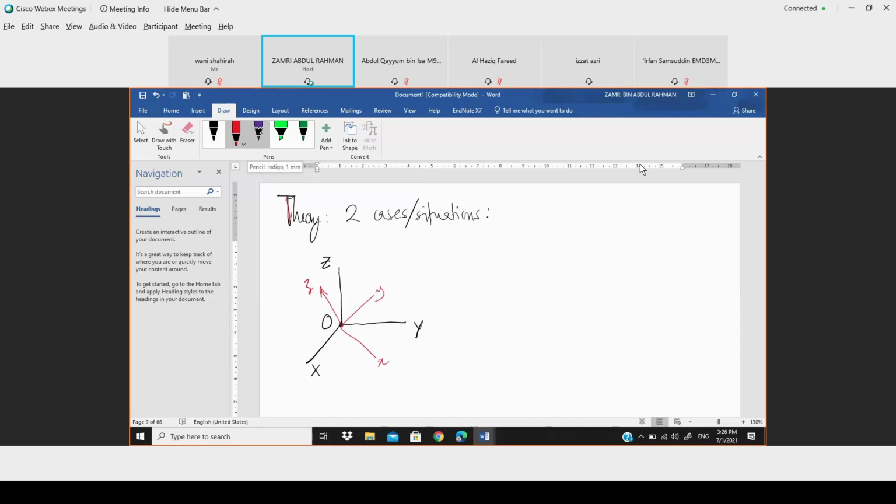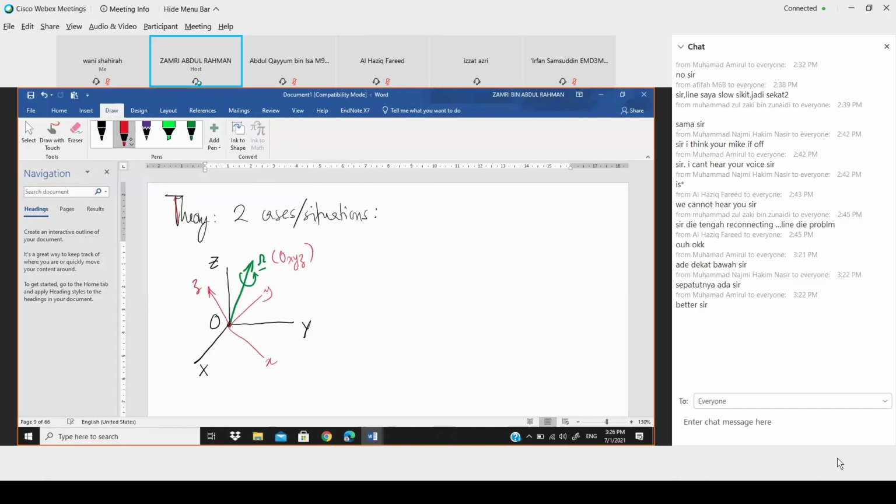Okay, I will use a representation, green color, the purple won't stick. That is omega of what? Of the moving reference frame, which is this one. Okay. This is the first situation that you will come across.